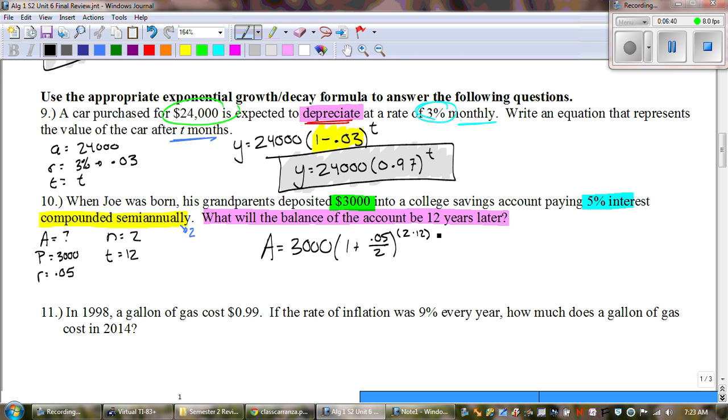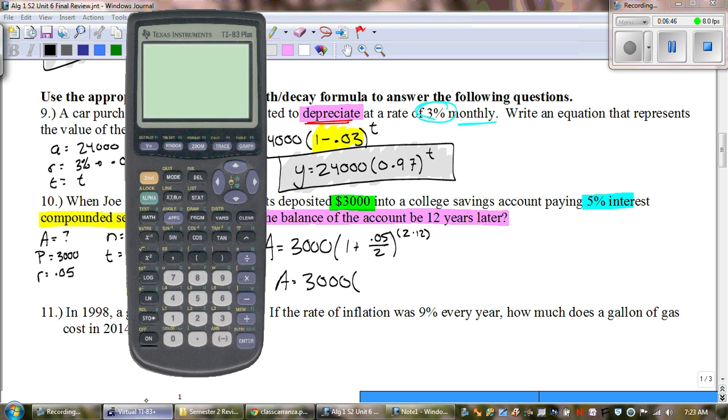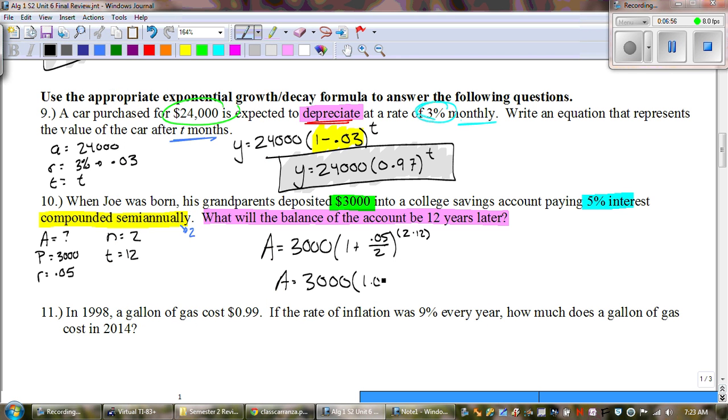You can just plug it into your calculator like that, or simplify it a little first. 0.05 divided by 2 plus 1 gives us 1.025. And 2 times 12 is 24.